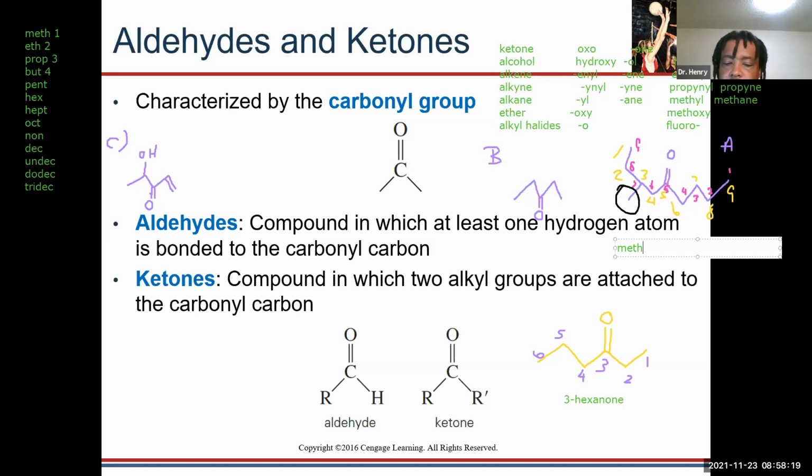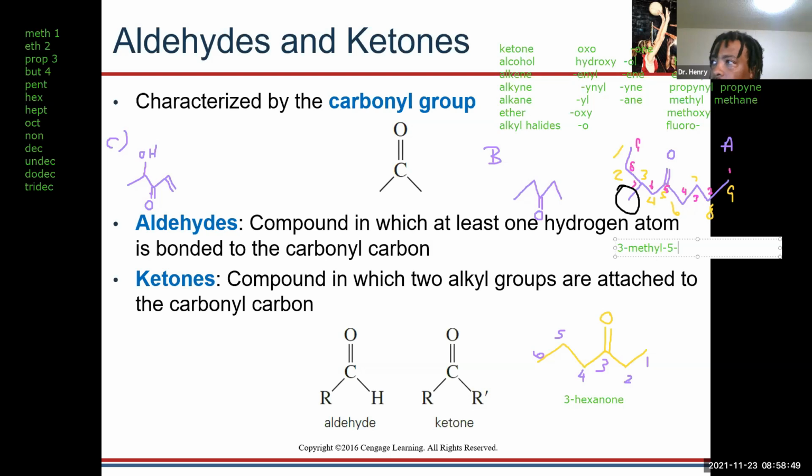And we have to tell where it's at. In this case, it would be on the third, giving it the lowest number possible, since the priority group doesn't matter because it's 5 either way. And then we have to say where the double bond O is located. So then that would be 5.